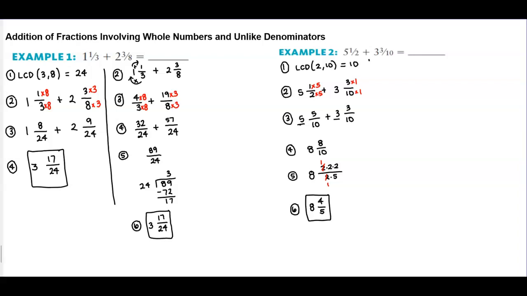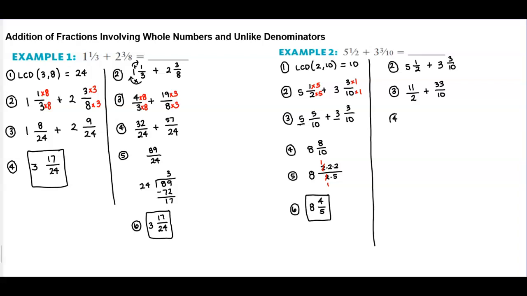Okay, now if we did it the other way, when we convert them into improper fractions, remember that we have 5 1/2 plus 3 3/10. So let's convert them to improper fractions. So 2 times 5 is 10 plus 1 is now 11 over 2. 10 times 3 is 30 plus 3 is 33 over 10.